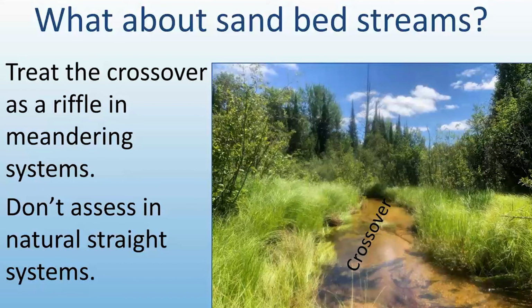We are being more general. So we do apply the term riffle to sand bed streams just for ease of use. And what we mean is the crossover. So if you have a sand bed stream in Michigan that is meandering, which you do, that crossover between one outside bend to the next outside bend, that crossover we are equating to the riffle. So it will apply.